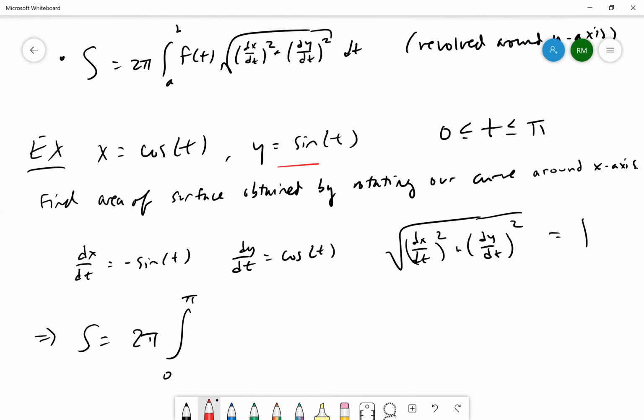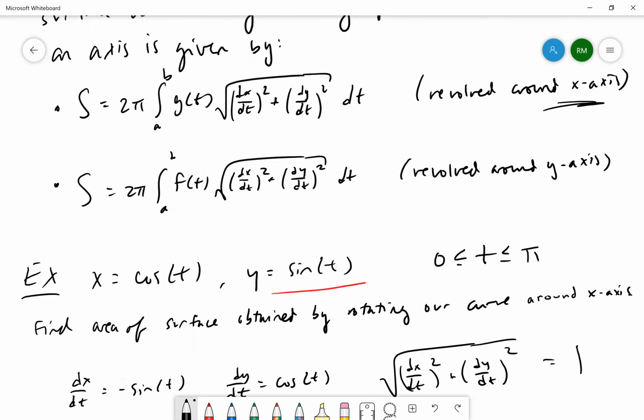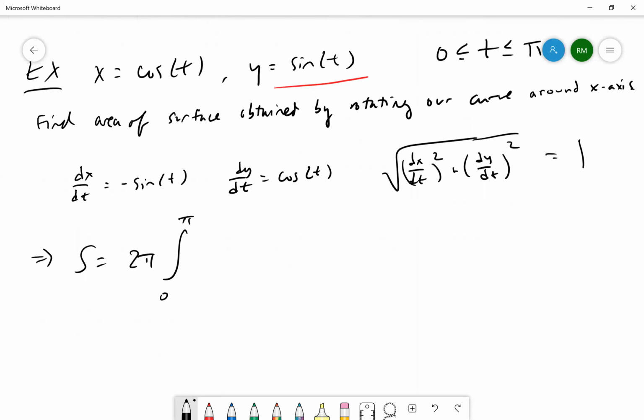G. G is the sine, because we're rotating around the x-axis. All right. So the integral is the negative cosine.